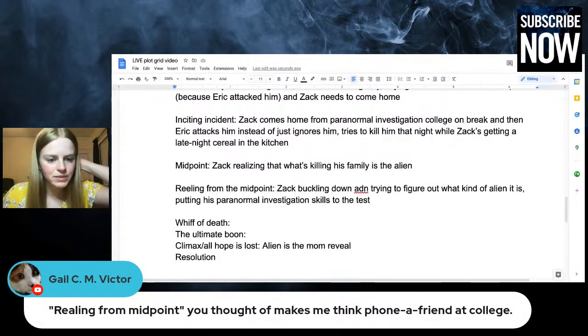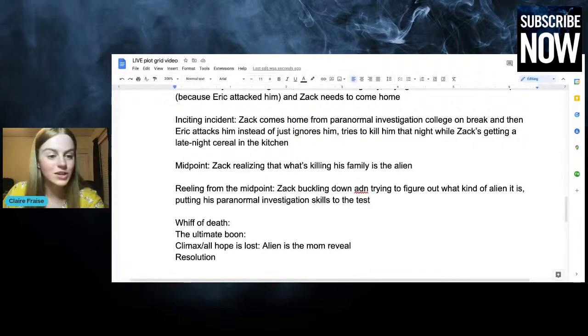Gail said, reeling from the midpoint you thought of makes me think of a phone a friend at college. Oh, like adding in another character where Zach calls. This would be a fun side character if Zach has a really funny comedic relief friend who knows a lot about aliens from school. And he called his friend, and the friend came and joined their fight against this alien force.